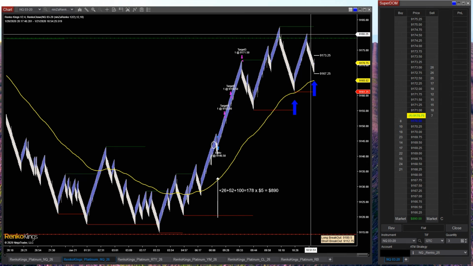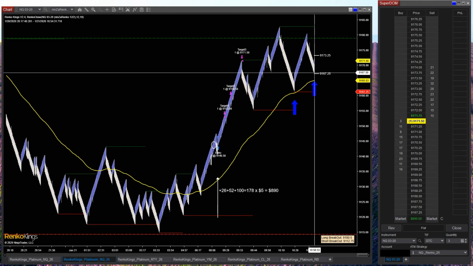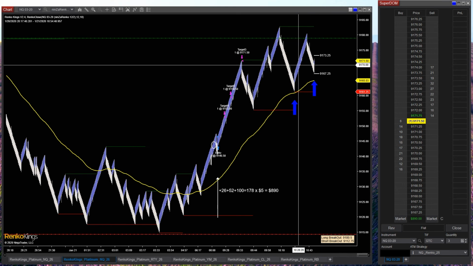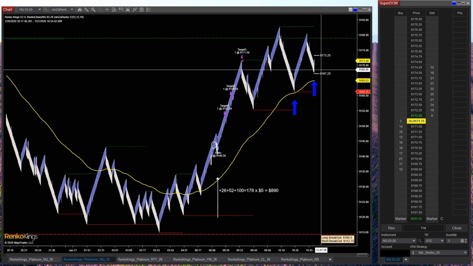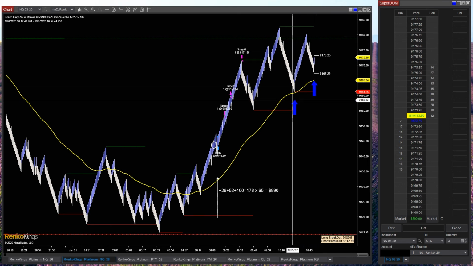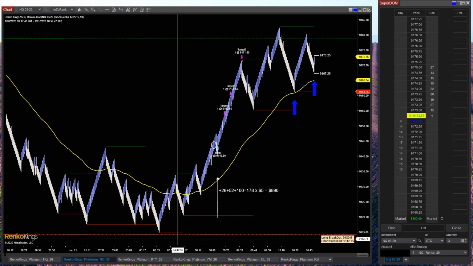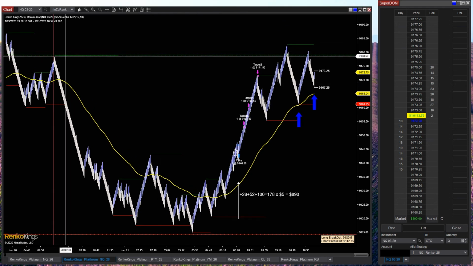What do we have here? Okay, so you would have gotten your first and your second target here, and you would have been stopped out trailing your third target. So this breakout in this example would have worked.